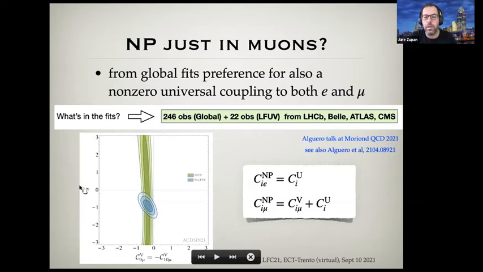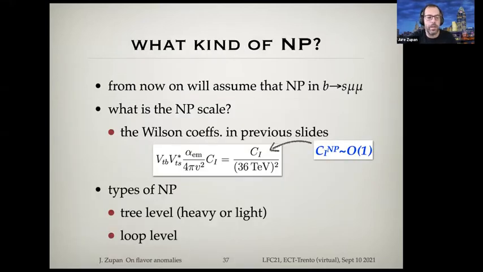That's the universal part for both muons and electrons, and then a piece that is extra for the muons, which in this case, the Barcelona group took to be C9 equal to minus C10. You see that there maybe is a hint for having a non-zero universal piece of coupling to the electrons as well. All right, so that's about the data.